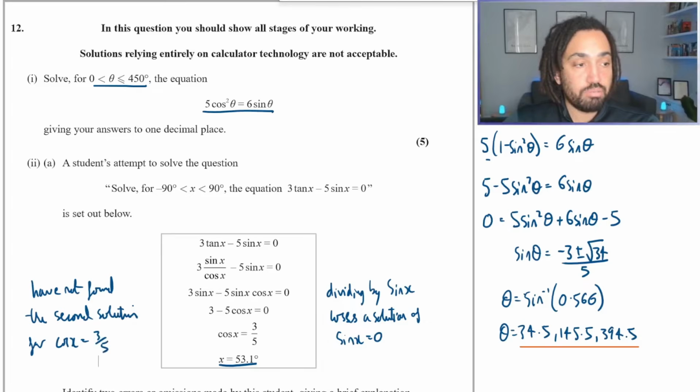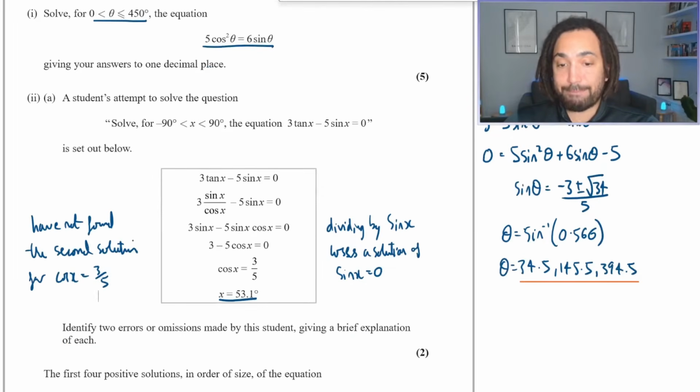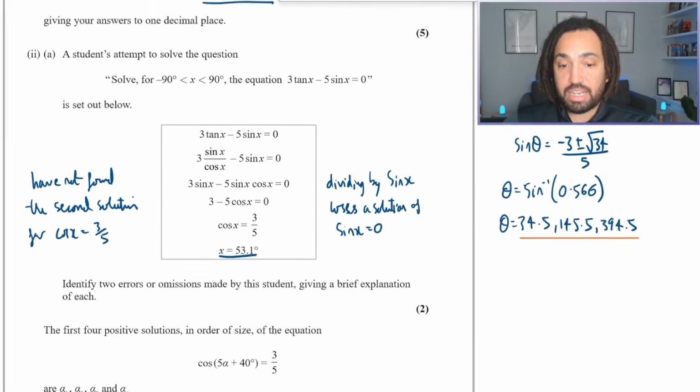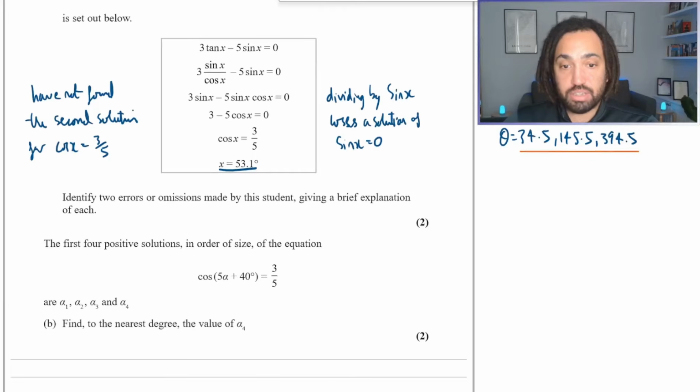So those are the two mistakes. And then it says the first four positive solutions in order of size of this equation here are this. Find the value of alpha 4.